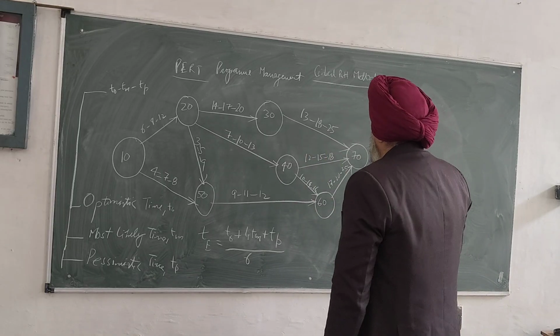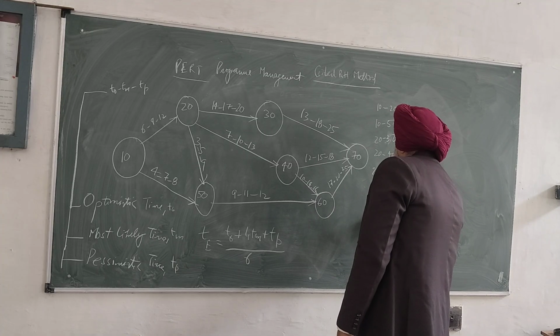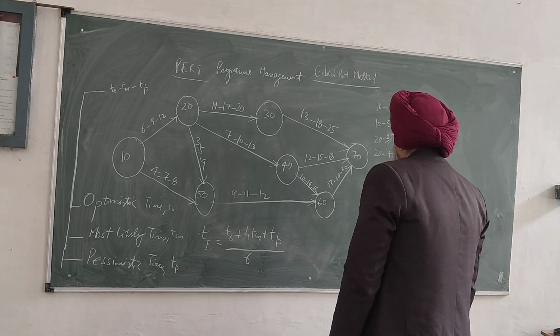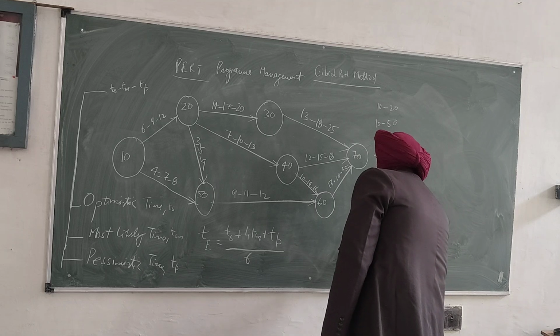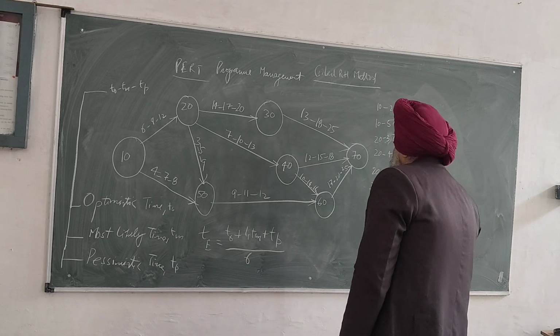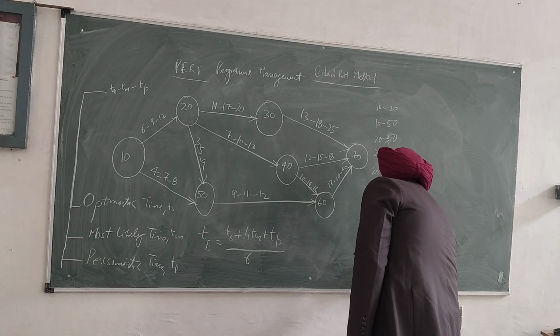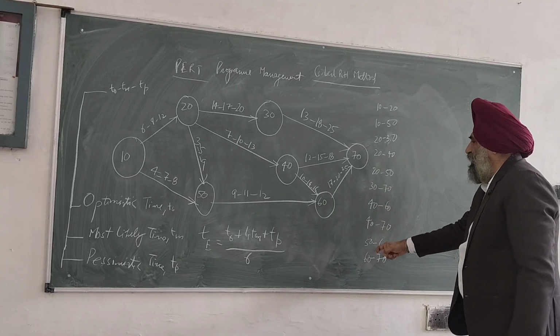Then another, 40 to 70, 40 to 60, then 40 to 70. Then from 50 there is only one activity, 50 to 60, and from 60 to 70. So these are the activities 1, 2, 3, 4, 5, 6, 7, 8, 9, 10.